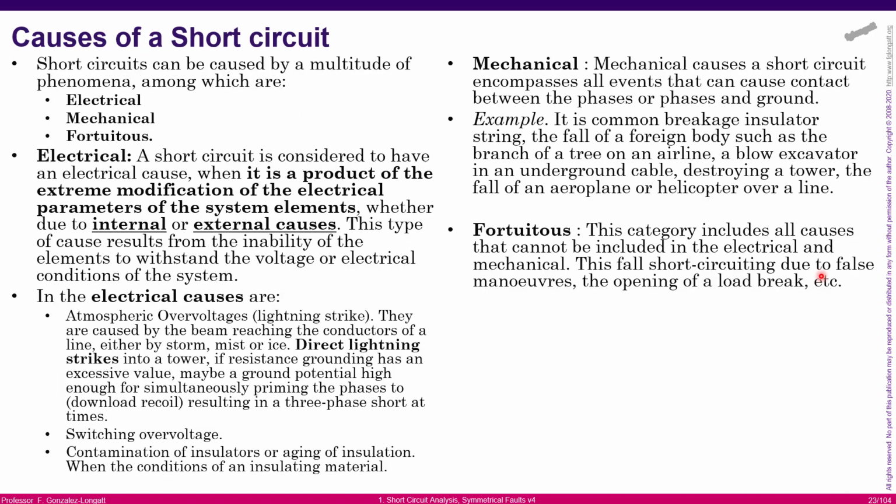Okay, now let's briefly talk about what the causes of the short circuit are. There are many causes for short circuit, however, we can classify them in three specific areas. Electrical causes, which come internally or externally, but are mainly related with broken insulation, okay?